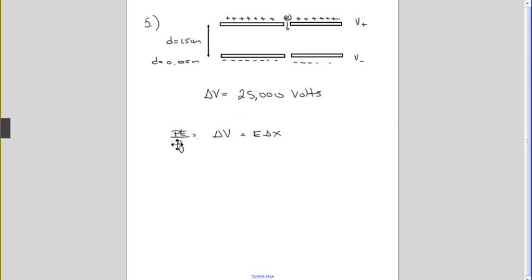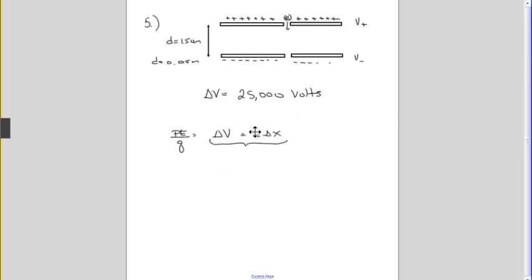So if we multiply by Q, our charge, we would get change in potential energy is the electric field times the charge, which is a force, times delta X, which is a distance. Force times distance is work. So that's where all this comes from. But as far as solving this problem, that's the only relationship we need.